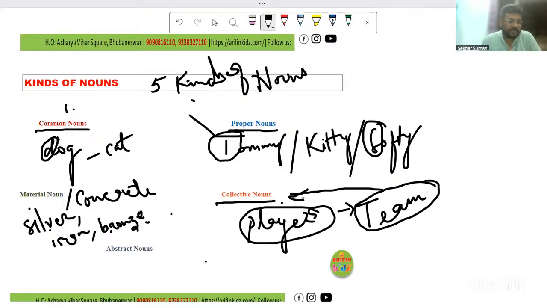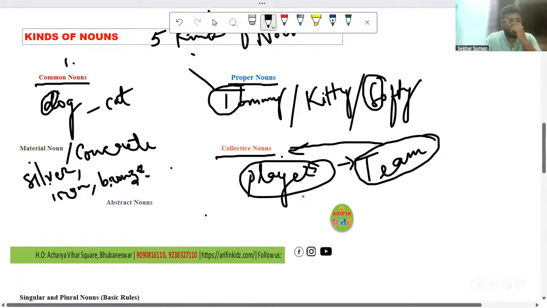Swarm of bees, a pack of horses, colony of ants, pair of shoes, bundle of sticks, band of musicians. Wonderful. So we have understood how the collective noun works.